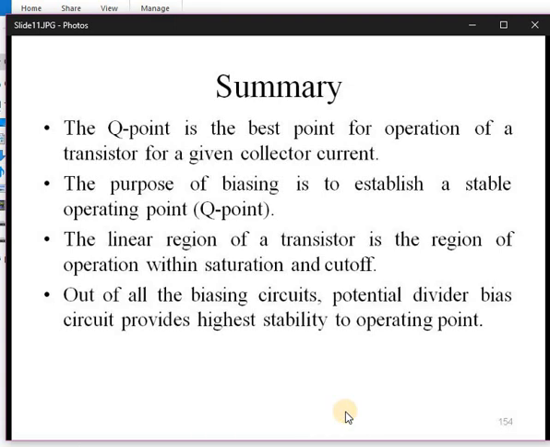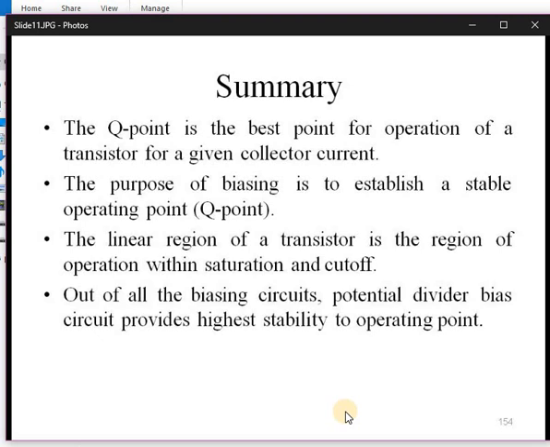So going to the summary: the Q point is the best point for operation of a transistor for a given collector current. Q point means operating point. We apply biasing to the transistor to maintain the operating point stable.